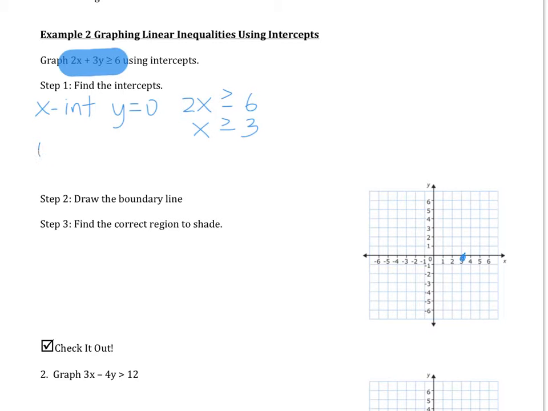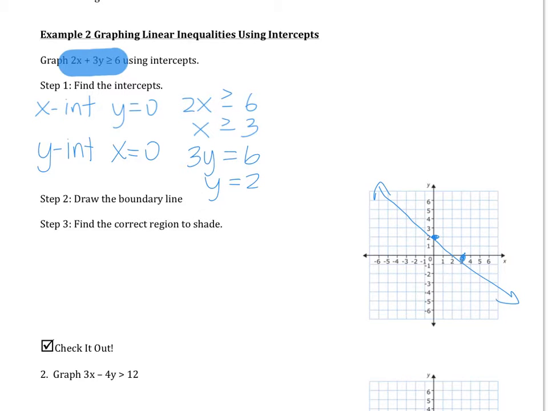And then the y-intercept, which is when x equals 0. So y equals 2. You look to see your sign is greater than or equal to, so it's solid. And then you test the region.